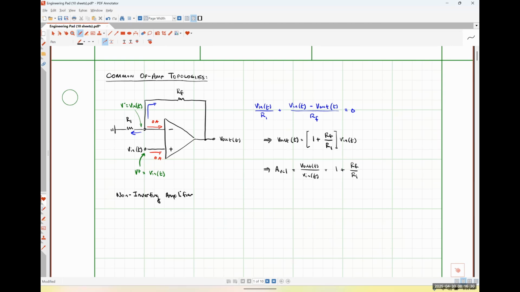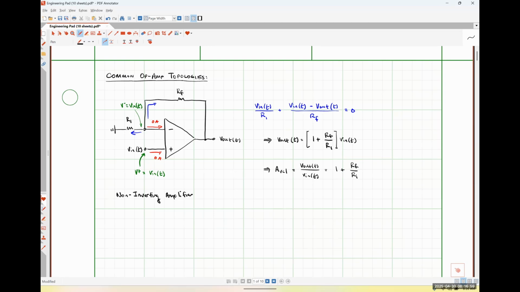We're not going to talk about instrumentation amplifiers in this class because it's actually a combination of 3 different op-amps cascaded in a specific way, and we try to keep things down to a single op-amp in this class, but this is a building block for bigger and better op-amp related systems. Okay. So when RF is very small and R1 is very large, we have a unity gain buffer.